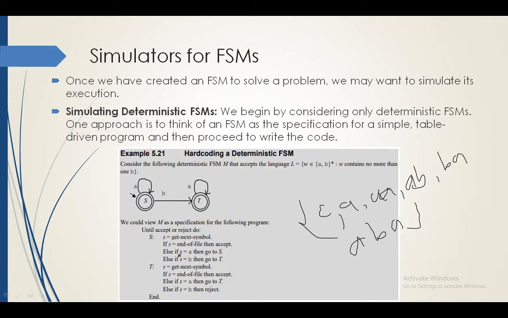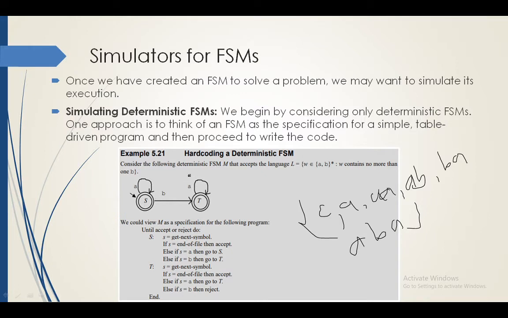Next, when you are in the start state and the input symbol is B, where are you going to move? You are going to move to a state T, that is label T in this case. Once you move to the label T, again you are going to read the next character. If it is not the end of the file, not the end of the string, then you are going to check whether it is an A symbol or a B symbol.